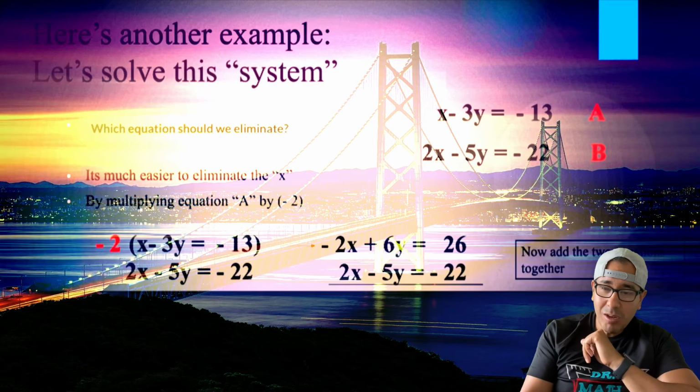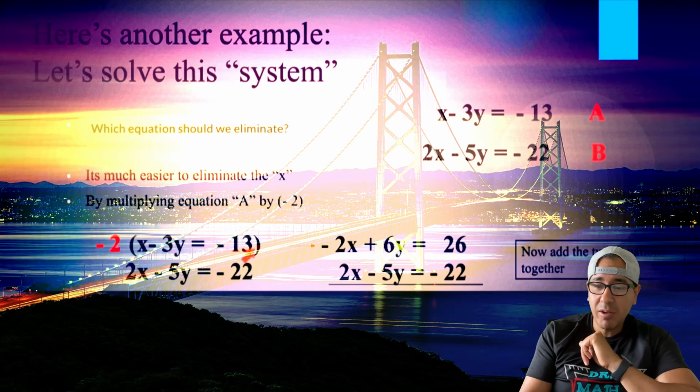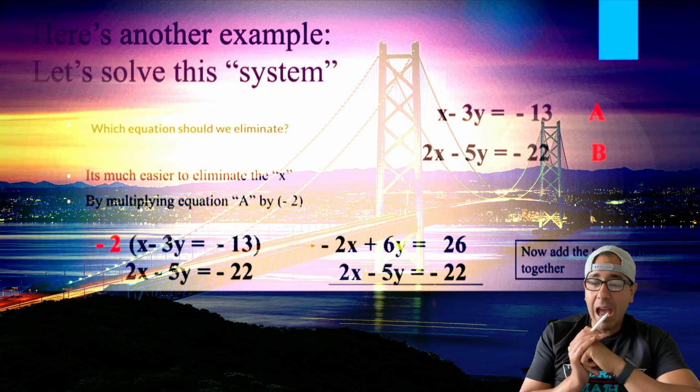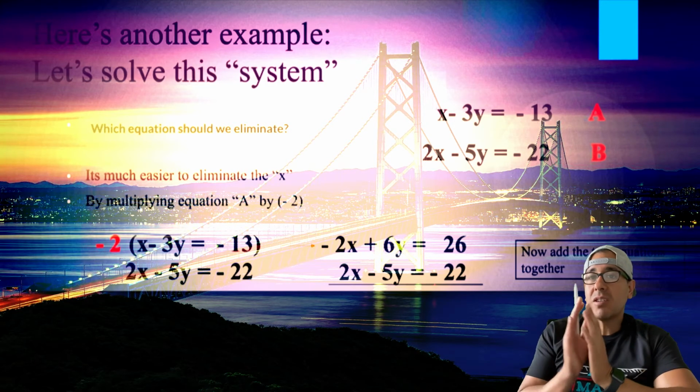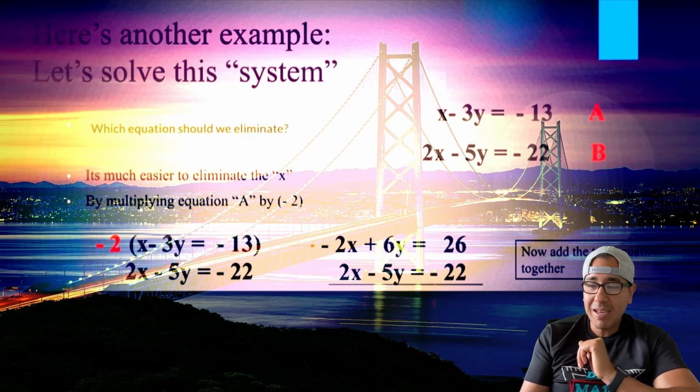So I'm gonna multiply that top equation by -2. That bottom equation is staying the same. So when I distribute that -2, I get -2x plus 6y equals -26. Again, don't forget to multiply everything by that -2.